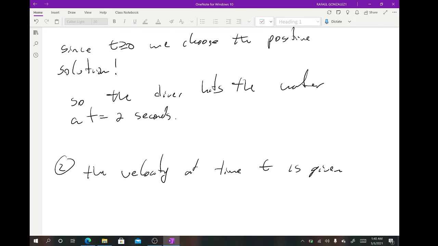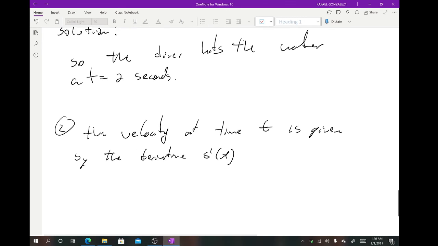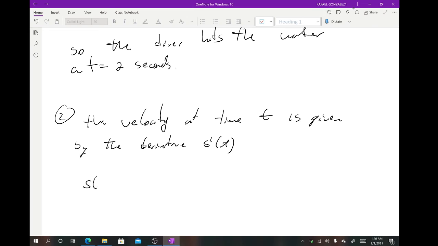And when I say the velocity, I mean the instantaneous velocity is given by the derivative s prime of t. And what is s prime of t? Well, s of t is equal to negative 16t squared plus 16t plus 32.